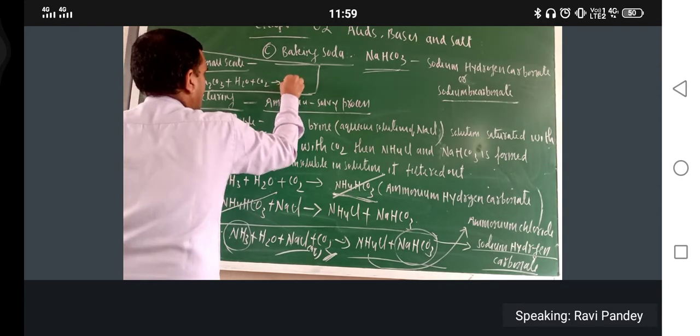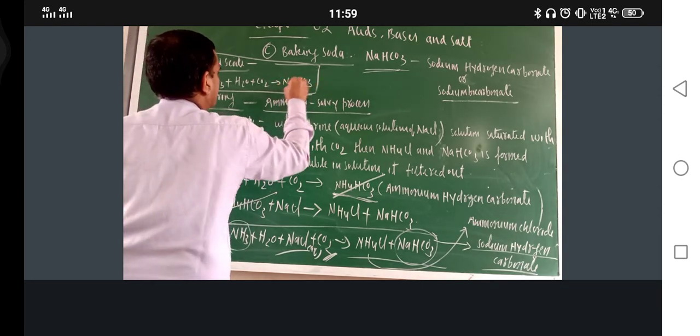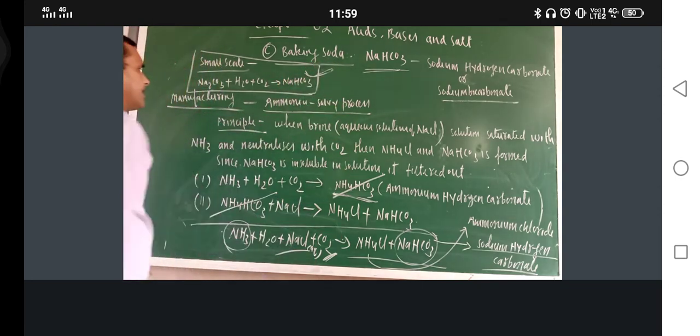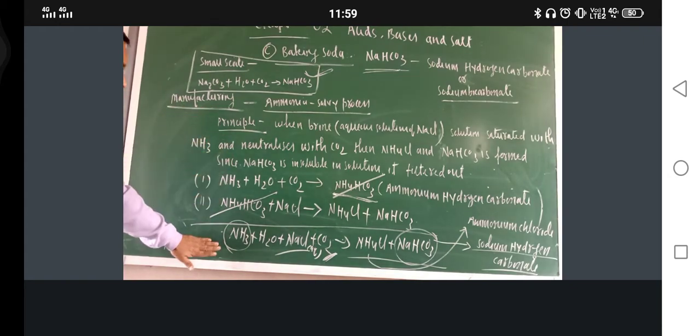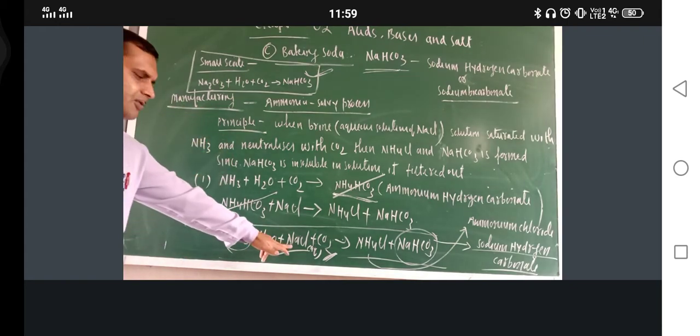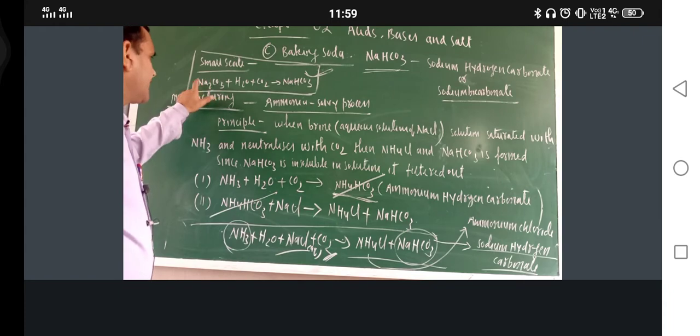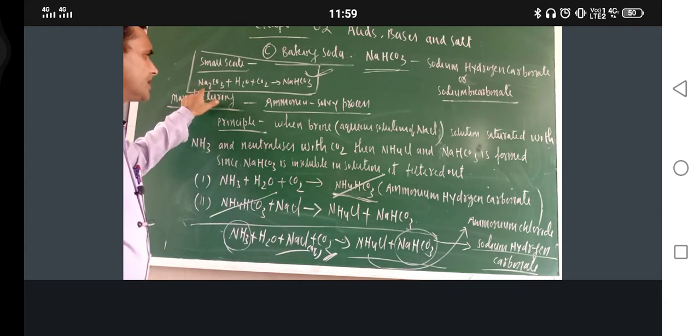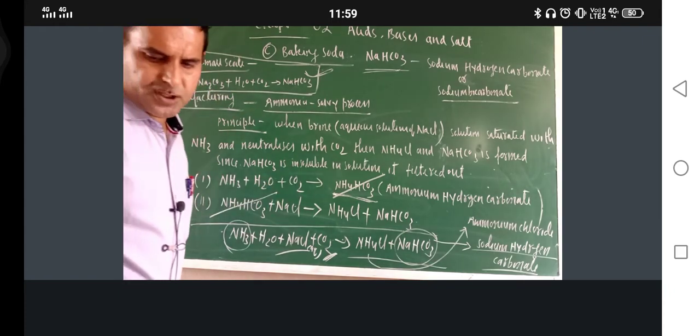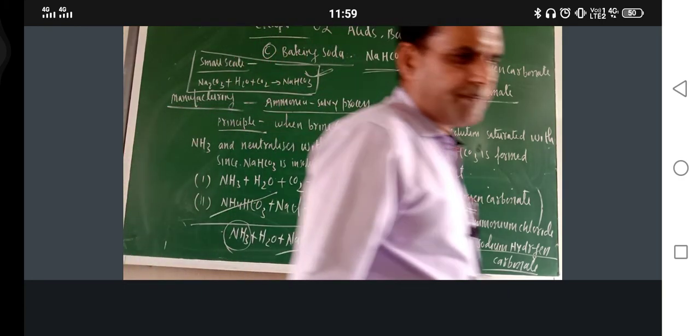So here what is the product? NaHCO3. This is on the small scale. This is the lengthy process with the brine solution, and here sodium carbonate is used. So these are the methods of preparation.